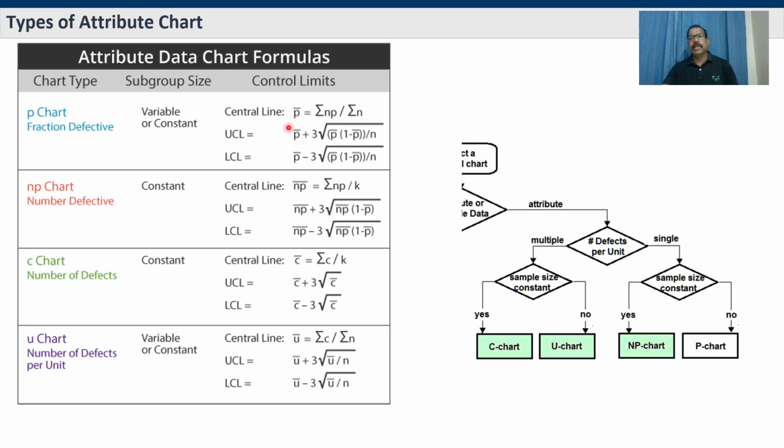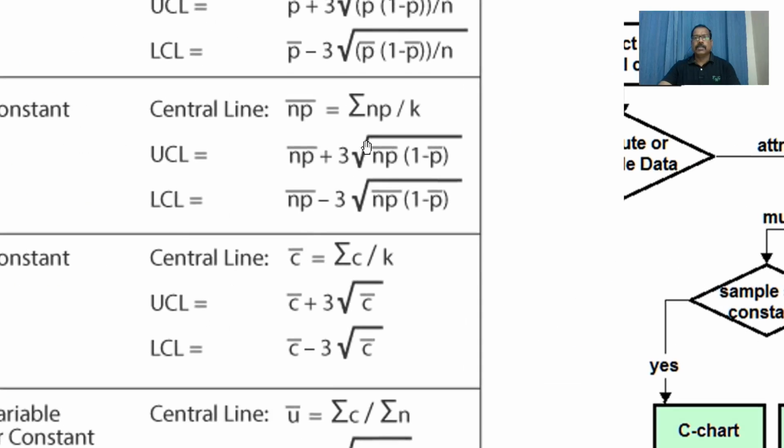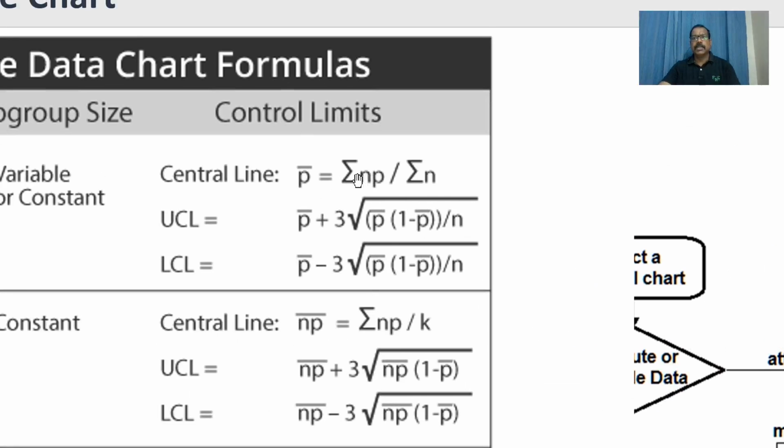The center line is P bar. In terms of NP, the center line is NP bar, and for C chart, C bar, and U bar. It's not P double bar or NP double bar. In your X bar only, you will have X double bar as the center line. But here, P bar only. So how to calculate P bar? Summation of NP divided by summation of N. And UCL and LCL: these formulas, if you remember, it will be fine.